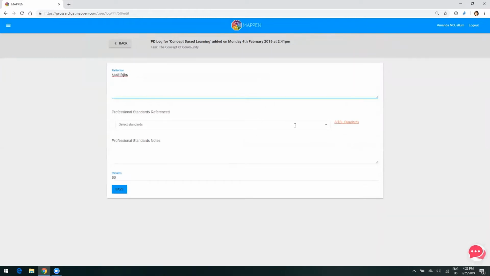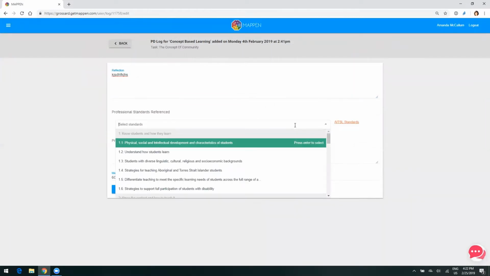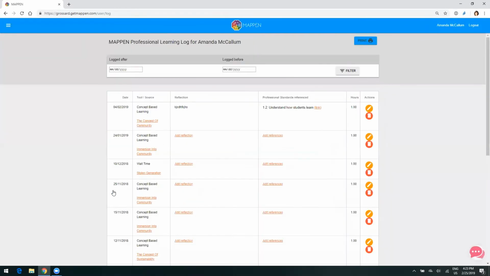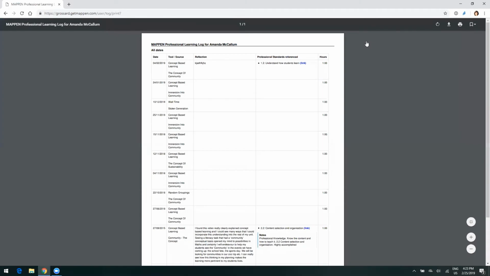I can add the relevant standards, understanding how students learn, and you can see that that has accredited me with 60 minutes professional learning. I'm saving that. When I get to put my documentation in for my reaccreditation, I can simply print my document, download it, and that can be attached to the relevant body for my professional learning accreditation. So it's a nice aside that you get from MAPPEN. Alrighty, I'm just going to arrow back.